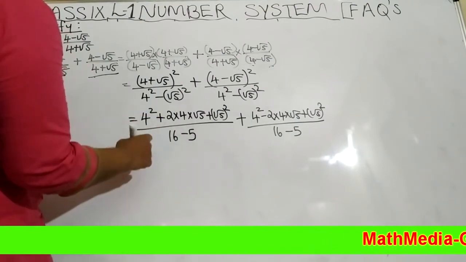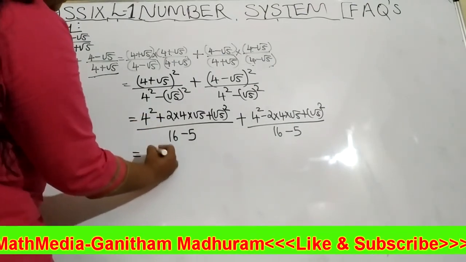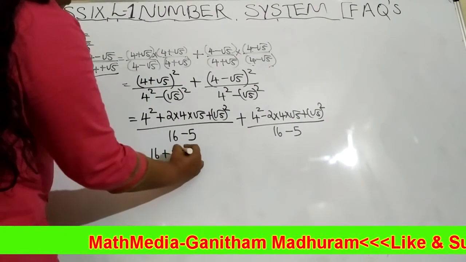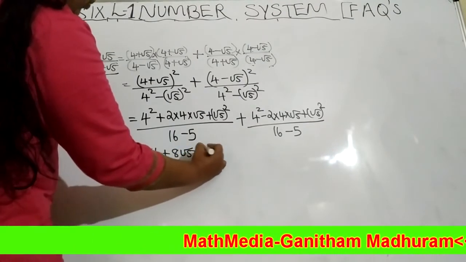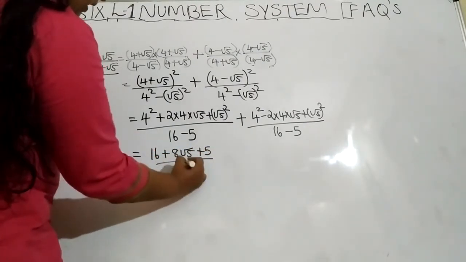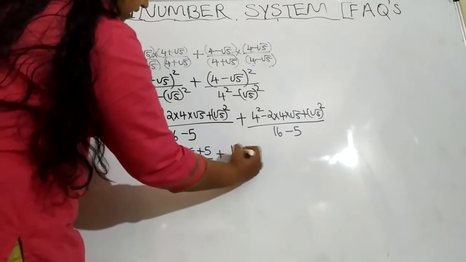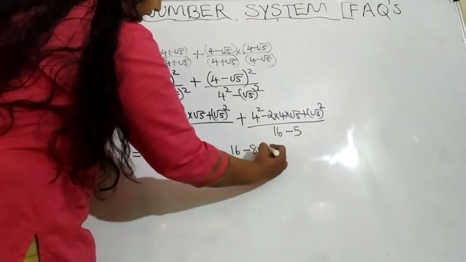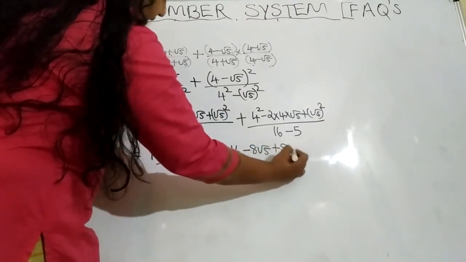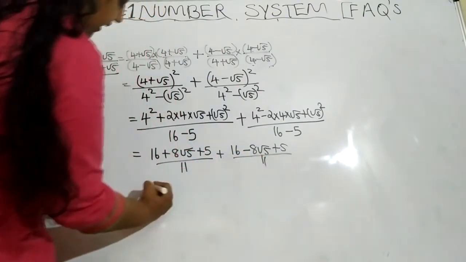Now the denominators are same. We can add the numerators. That is 16 plus 8 root 5 plus 5 upon 11, plus 16 minus 8 root 5 plus 5 divided by 11.